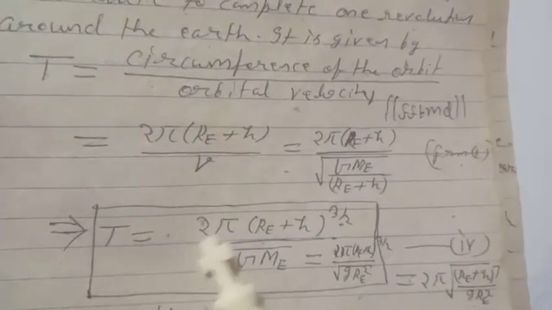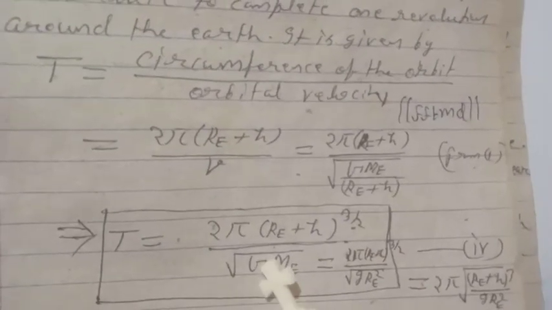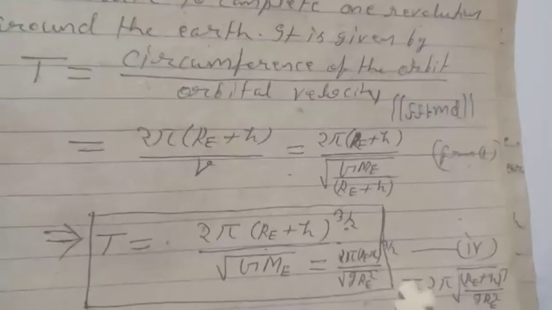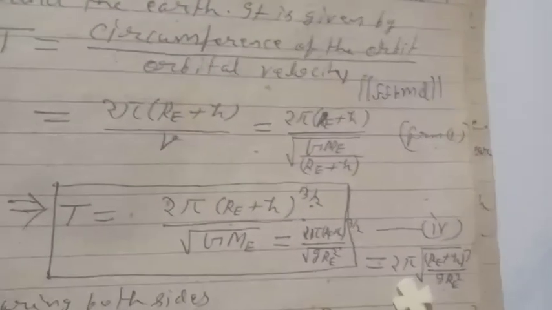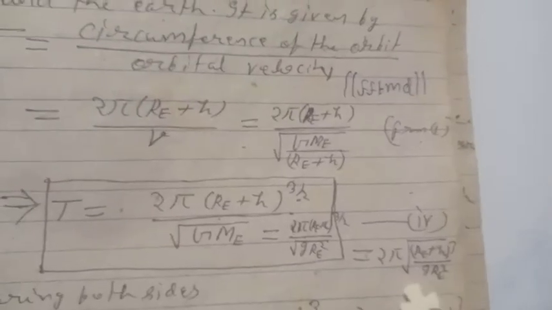This implies T equals 2 pi (RE plus h) to the power 3 by 2 by under root G ME, equals 2 pi (RE plus h) to the power 3 by 2 by under root g RE square, equals 2 pi under root (RE plus h) cube by g RE square. Squaring both sides, we get T square equals 4 pi square by G ME into (RE plus h) whole cube.